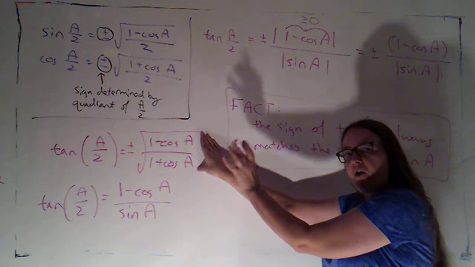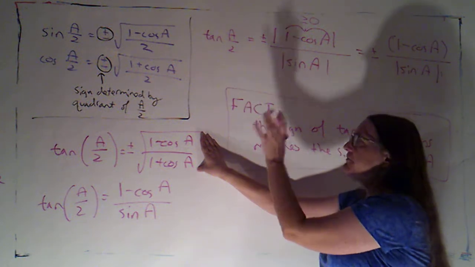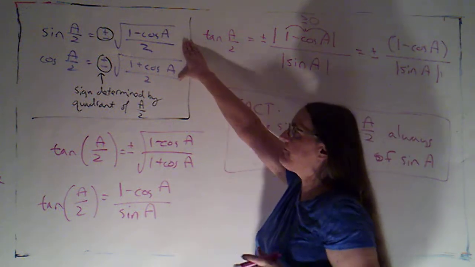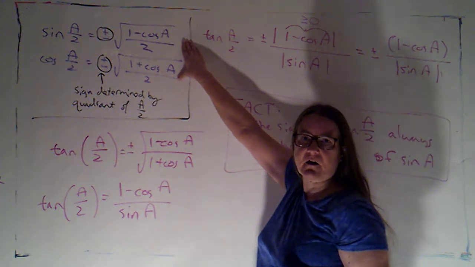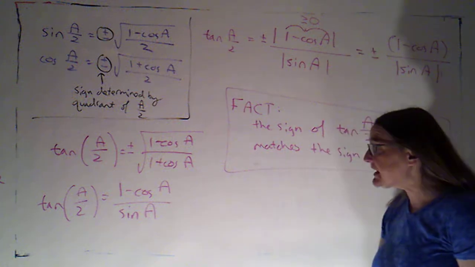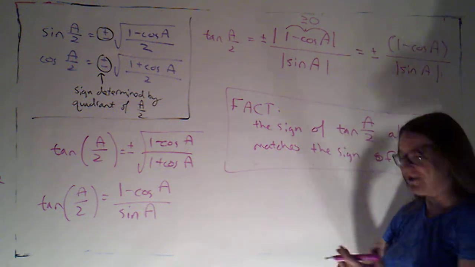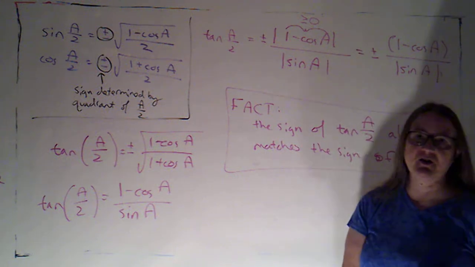That's the one that falls out directly from the quotient identity for tangent and the half-angle formulas for sine and cosine. Okay, so I would not expect you to derive this formula or to derive the other version of the formula that we're about to take a look at.